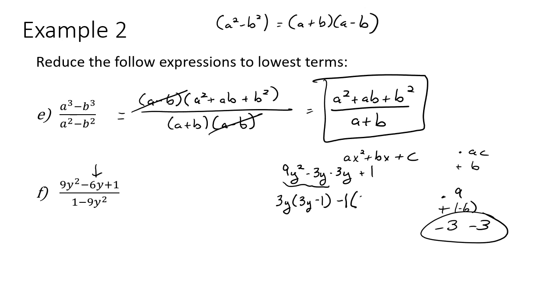So I'm going to factor out a negative 1. Now I'm going to do greatest common factor one more time, because both of these have a 3y minus 1 in common. So if I factor 3y minus 1 out of both terms, that would leave me with 3y minus 1 left over. So this is actually 3y minus 1 squared.